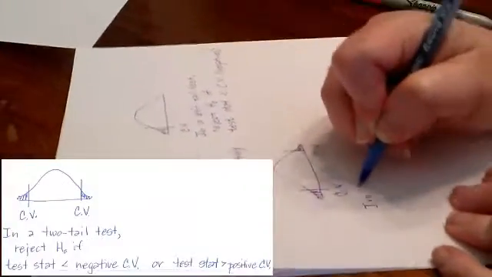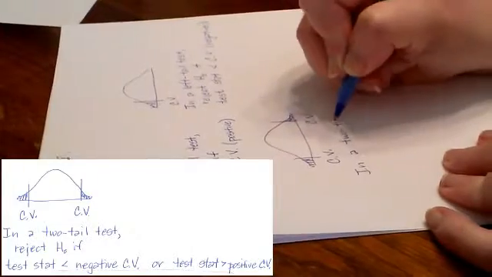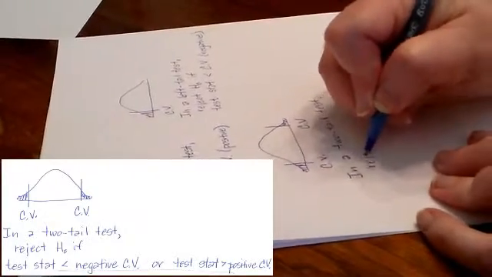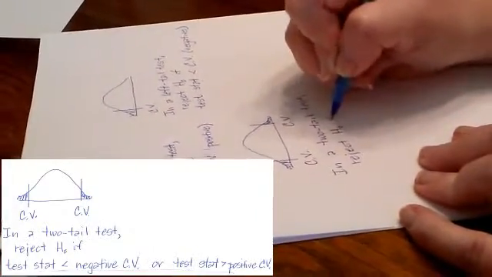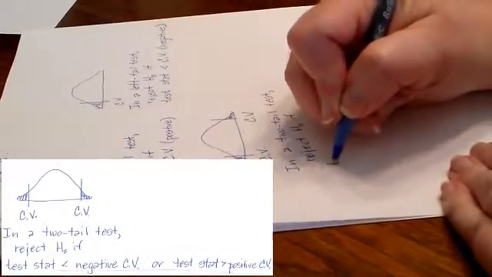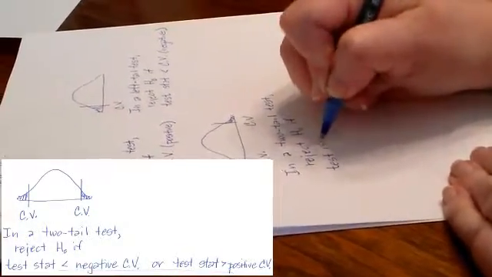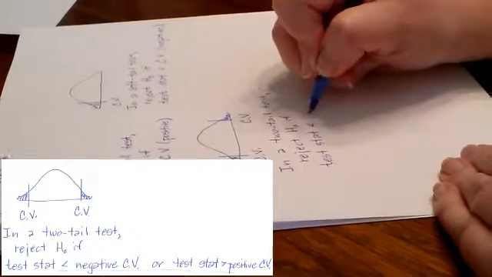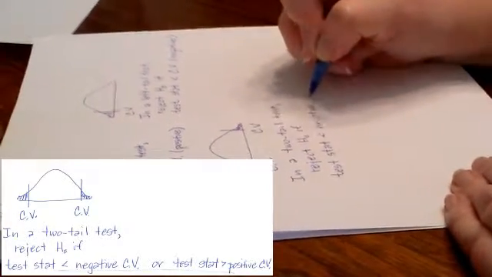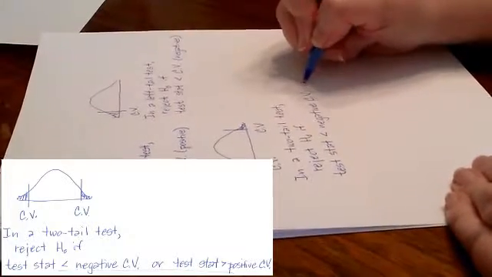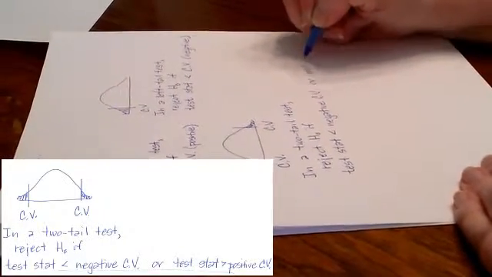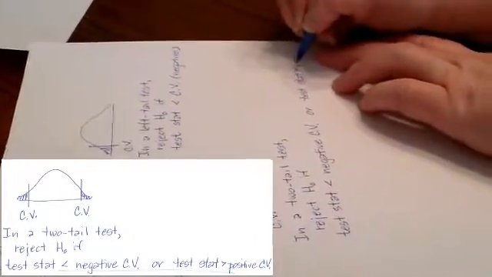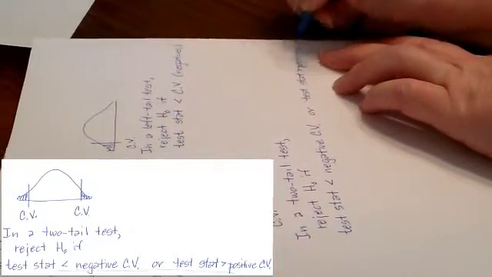So in a two-tailed test, we reject the null hypothesis if the test statistic is less than the negative critical value, or if the test statistic is greater than the positive critical value.